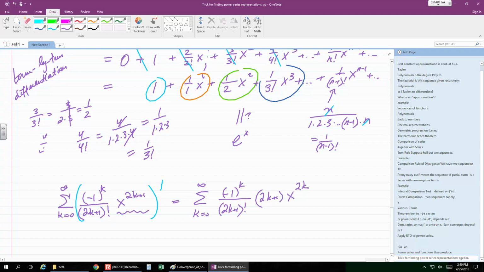Okay, so then as you can see, once again we have this matchup, which we can cancel, and my factorial goes down by 1, and I have (-1)^k over (2k) factorial, x^(2k). Okay? So whether or not this works out, we have a new series, but if we remember where this came from, this one from sine, we recognize this as cosine. So once again, it works out as planned.